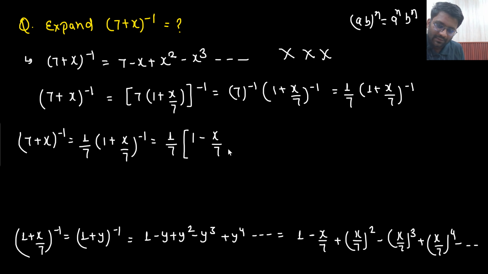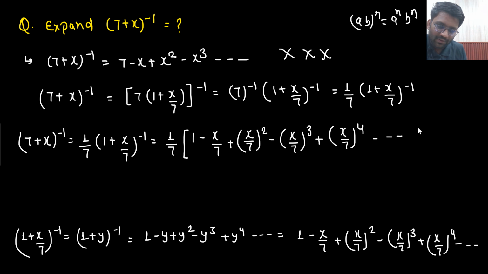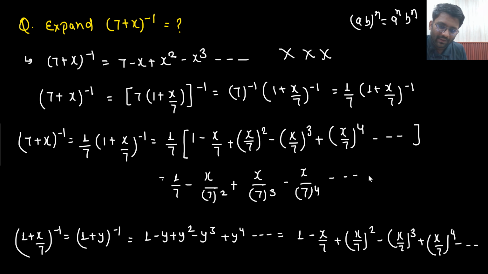So what answer will you get? 1 by 7 minus x by 7 square. Simply I am multiplying this 1 by 7 inside, plus x by 7 to the power 3, minus x by 7 to the power 4 and so on. This is the answer you are getting.